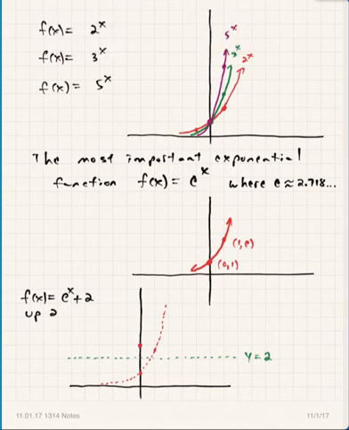And if you move those points up 2 units, you get these 2 points. You have that horizontal asymptote. You don't cross that horizontal asymptote because the graph doesn't do that. And there's your graph for e to the x plus 2. Right? It's important to sketch in that horizontal asymptote when you're doing this.